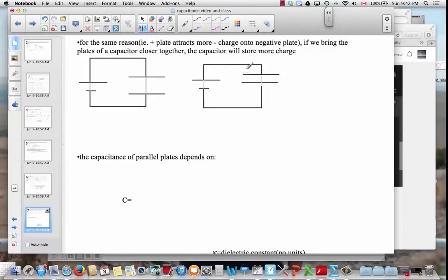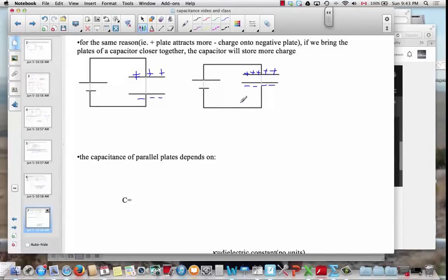The same thing is true if the capacitor has a smaller plate separation. Let's say you've got this capacitor here, and let's say, and this is a common piece of lab apparatus, that you're able to actually move this plate in towards the negative plate. What you'll find is that more charge will be pulled onto this negative plate because these positive charges are now closer than they were before.